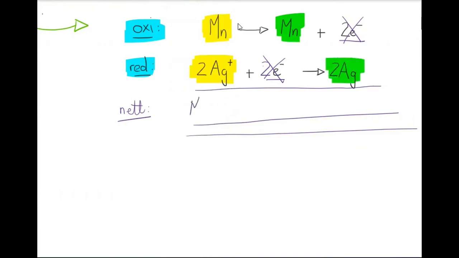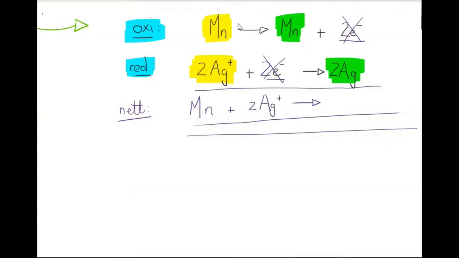And please note, if you wrote 2Ag+ first, it's fine as long as they are on the correct side of the arrow. You can't swap reactants and products, but you can swap 2 reactants around in their order, and your products. All right, so we've got Mn, and we've got 2Ag+, which is 2 silver ions.